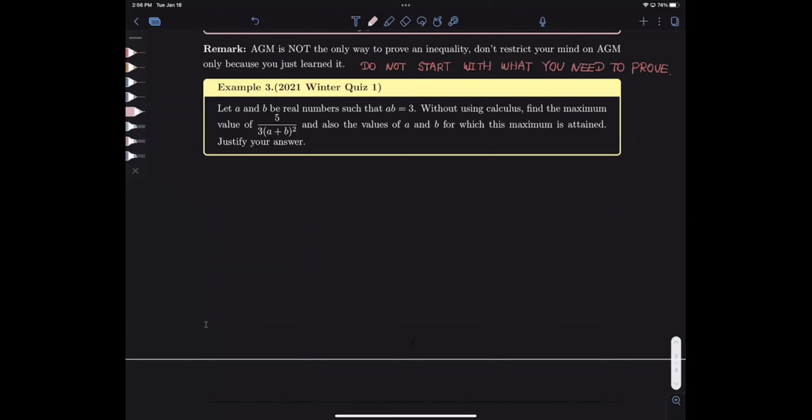So let's read it together. Let a and b be real numbers such that ab equals 3. Without using calculus, find the maximum value of this expression. Think about this. When you want to find the maximum value of something, do you want it to be less than or equal to, or greater than or equal to?